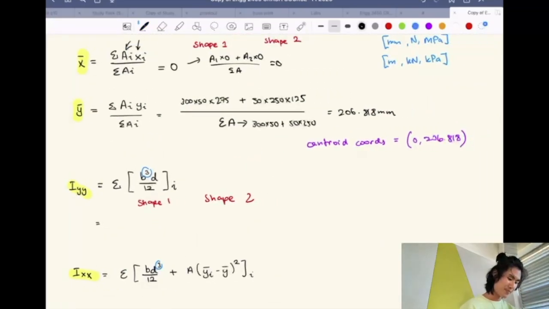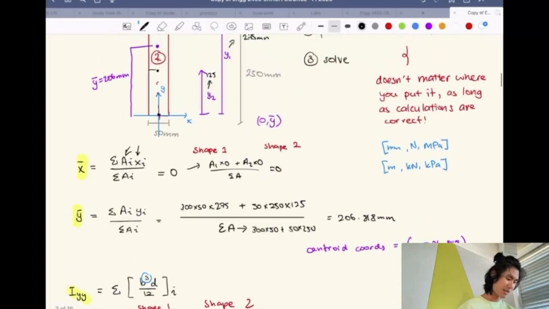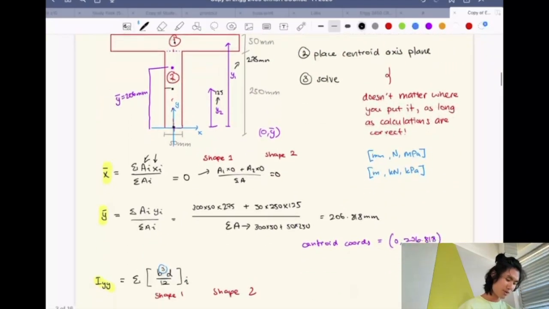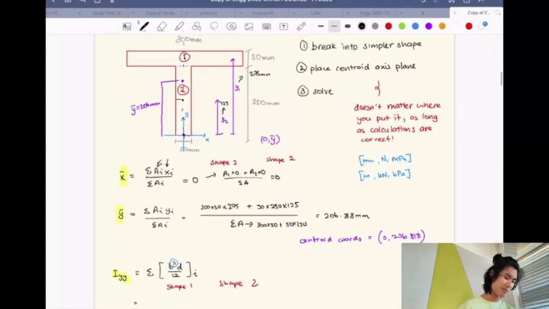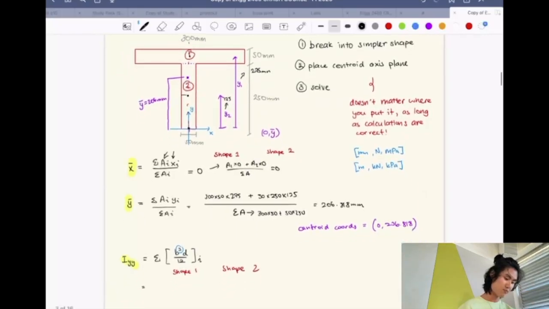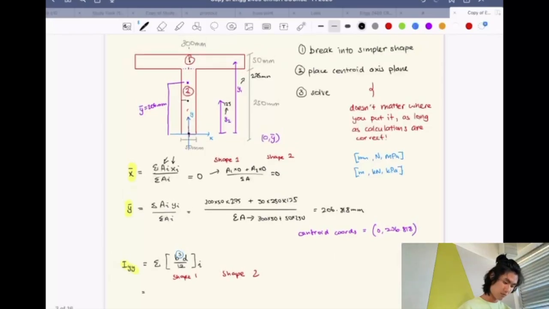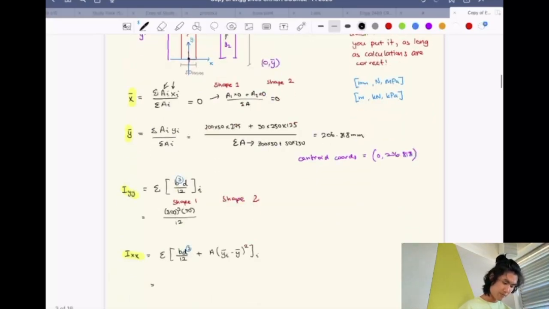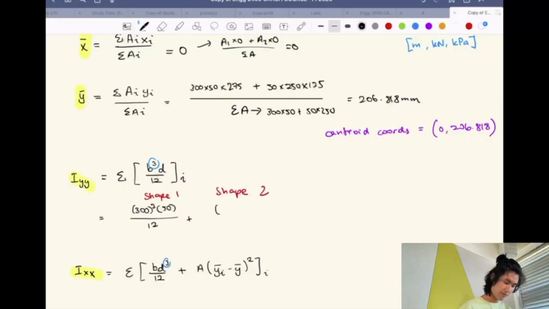So let's just do this. What would the values for these ones be? B would be 300. Yep, correct. And then the other one will be 50 over 12. And then this one will be the other way around.